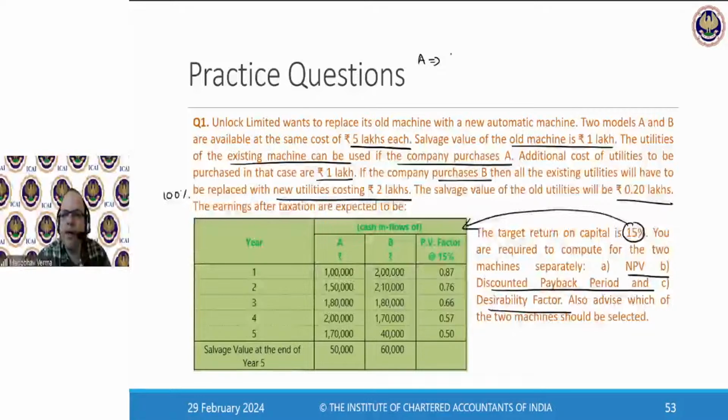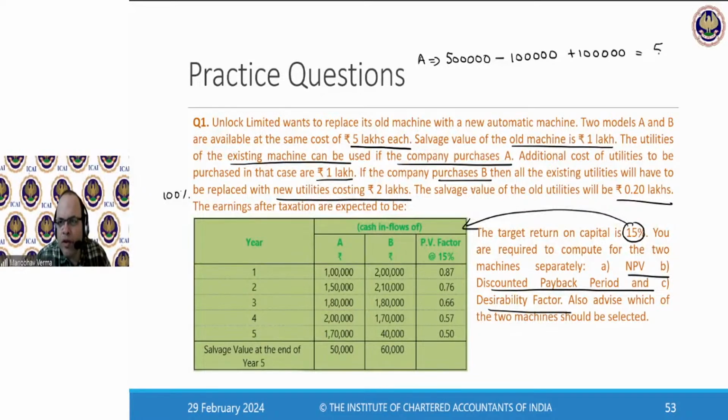That's what I'm asking. Project A, so the initial investment for both machines is 5 lakhs. But if I consider the old machinery and utilities, the old machine sale value is 1 lakh, and then there are additional utilities of 1 lakh here.